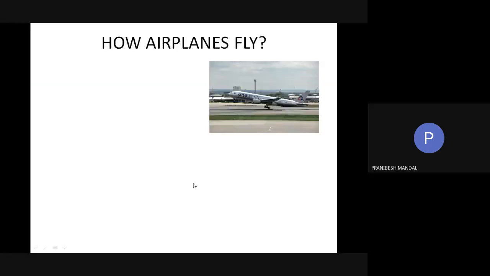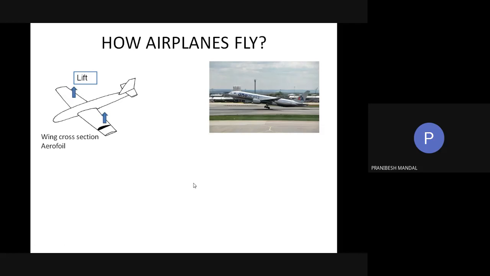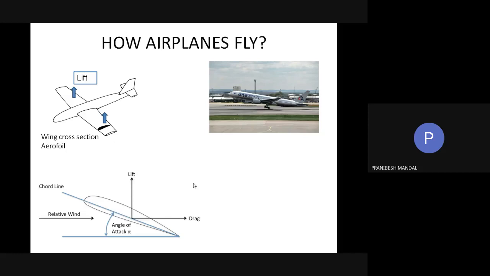If you take the cross section of a flight wing, that will be an aerofoil. Is it clear? Even if you take the cross section of the small vertical stabilizer or small horizontal stabilizer, those will also be some sort of aerofoil.